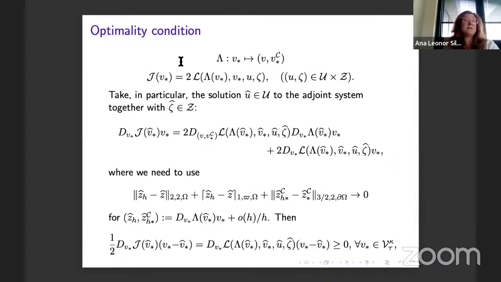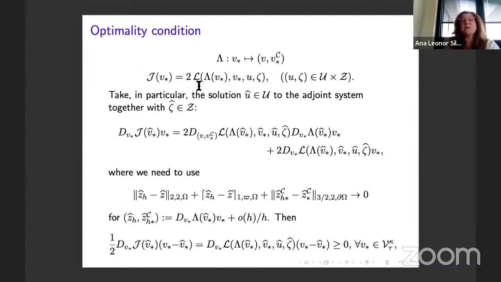Okay, now the first order optimality condition. This is also a very technical part of our results. I am just going to show the form of the first order optimality condition, which is obtained also considering a study of the control to state mapping.